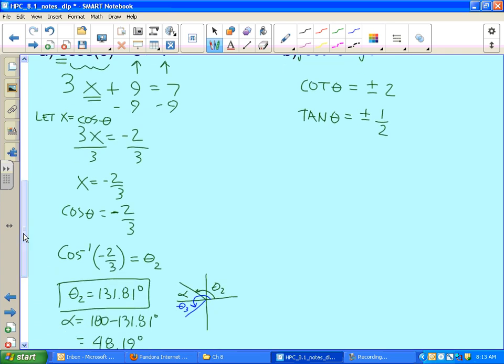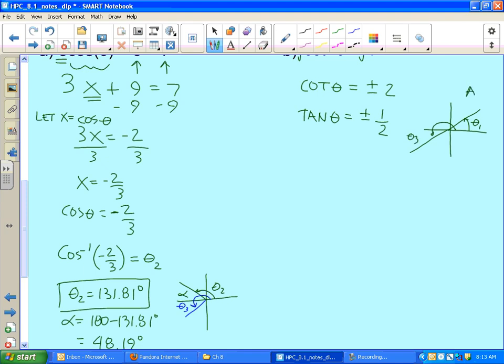And then let's go look at this. We got an interesting situation here. We have a positive value of tangent and a negative value of tangent. So first of all, our positive values of tangents, theta 1 and theta 3.